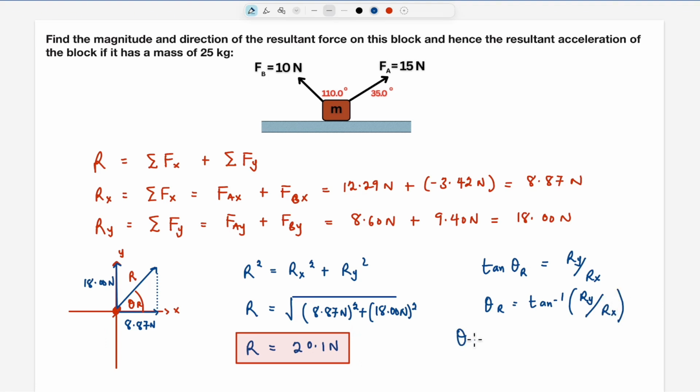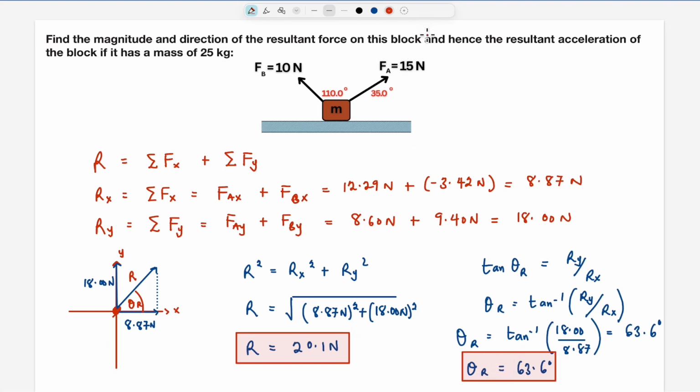So if we do that, we have theta R to be inverse tangent of Ry, which is 18.00, divided by Rx, which is 8.87. So the newtons cancel out. If we do that, we are going to get an angle of 63.6 degrees. So theta R, the direction of this resultant force, is going to be 63.6 degrees.